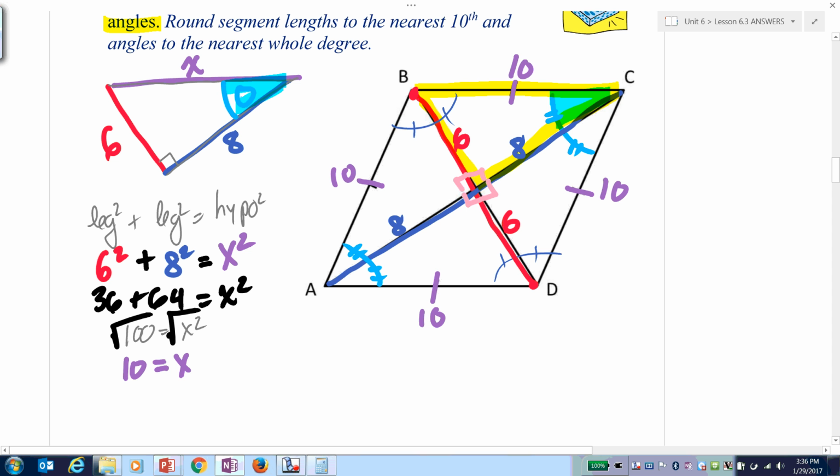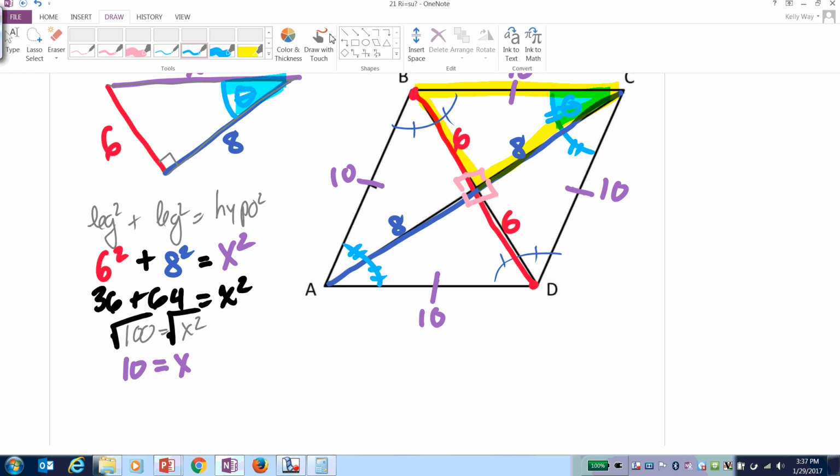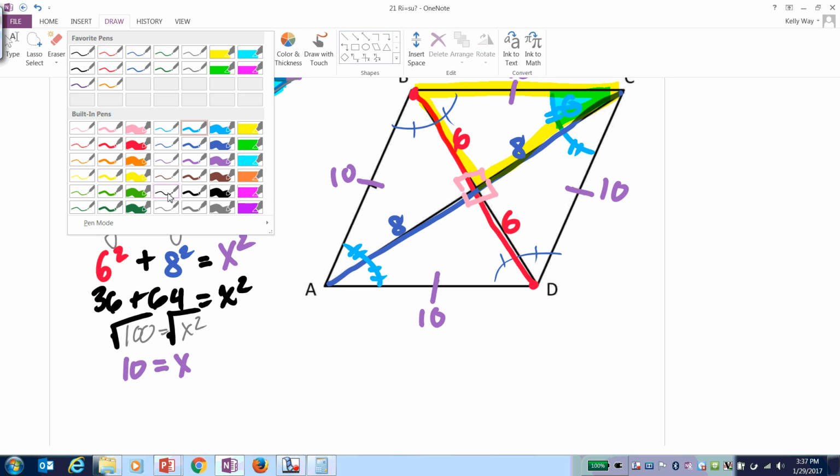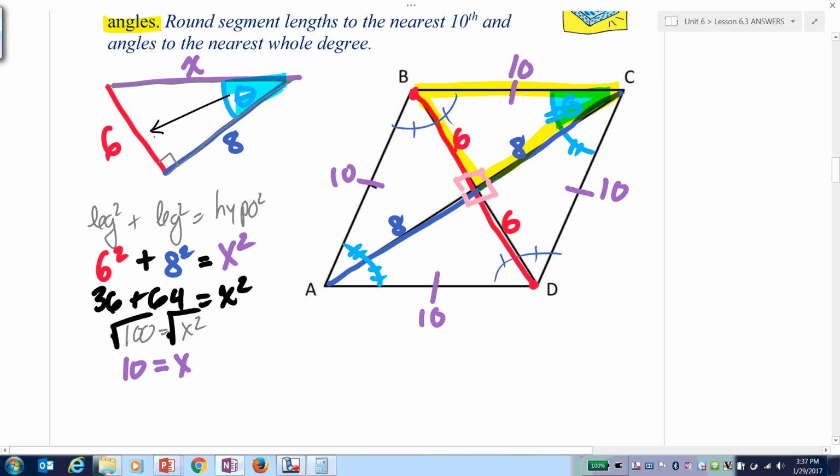Okay, so that's going to be our theta right there that we're going to work with. So let's work with that. And now from there, let's establish our opposite. That's the theta we're going to work with. We just found that that's 10.